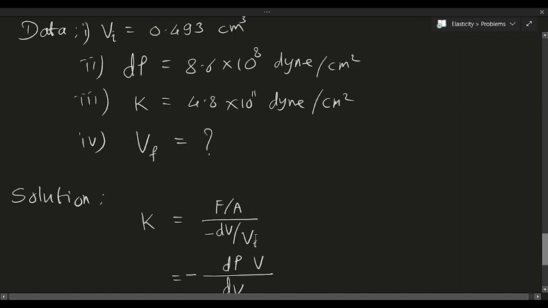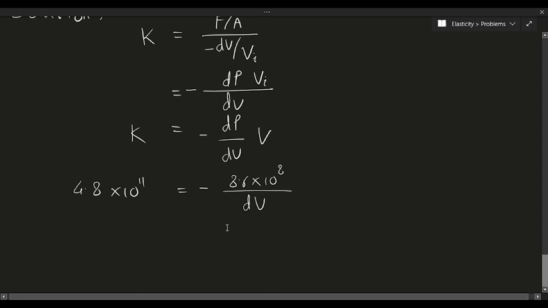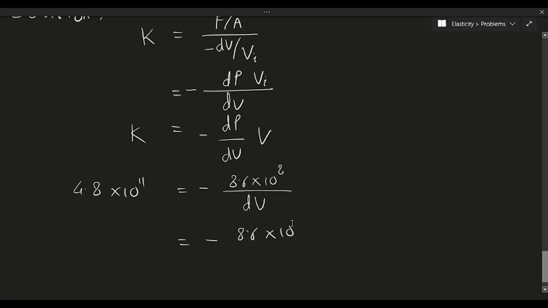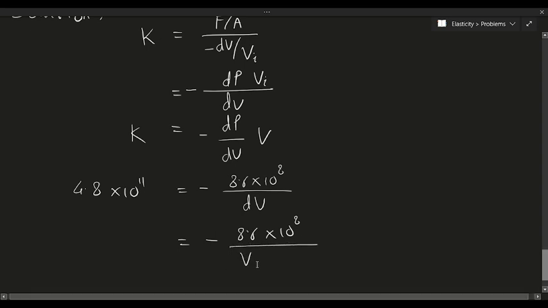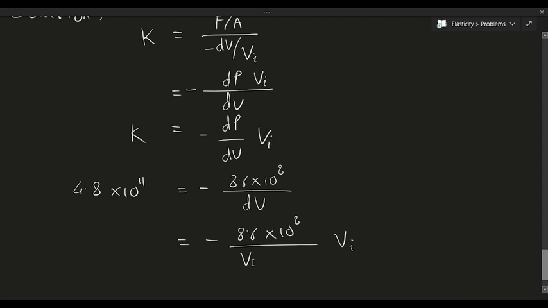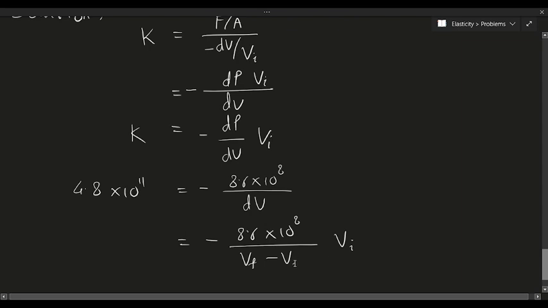I attach the suffix Vi. So we have to find the final volume. So we write this change in volume as Vf minus Vi.